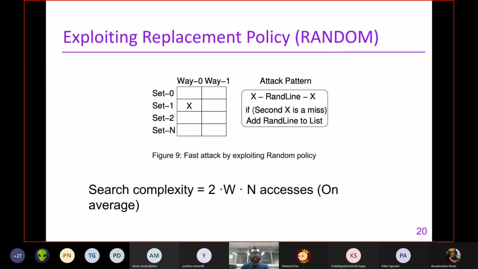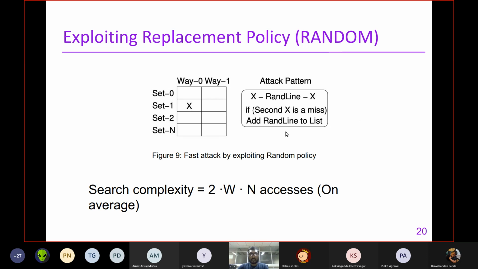Similarly, in the worst case, if we have a random replacement policy, then we can do it like this. Let's say we already know a conflicting line X, and we want to find an eviction set with respect to X. We access X, then select a random line, and then test X again. If the second X is a miss, then we can say that this random line is part of the same set.